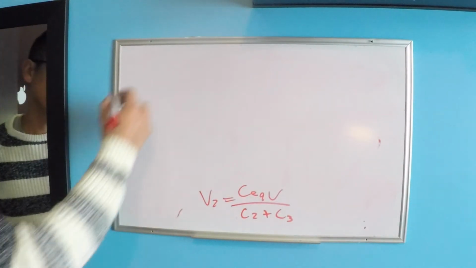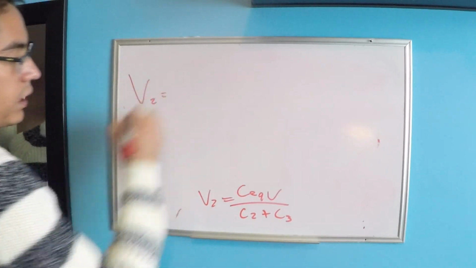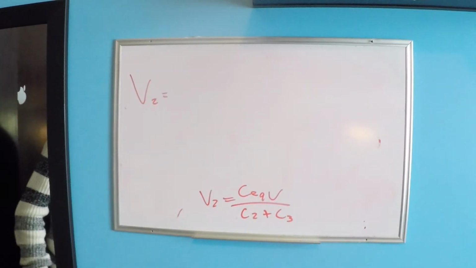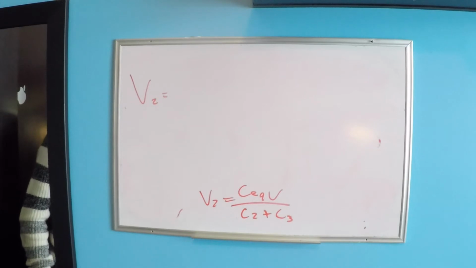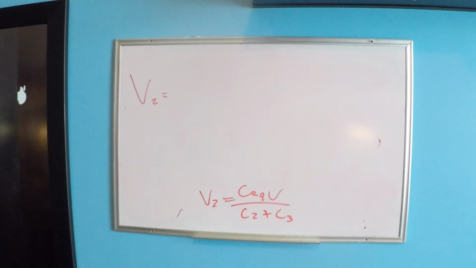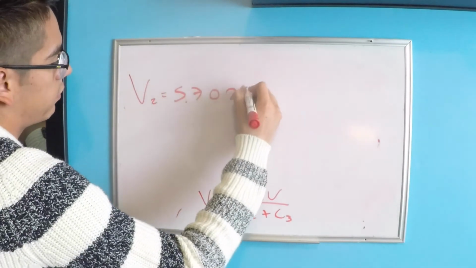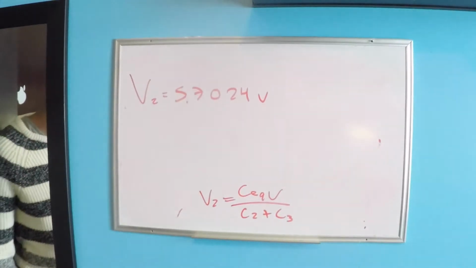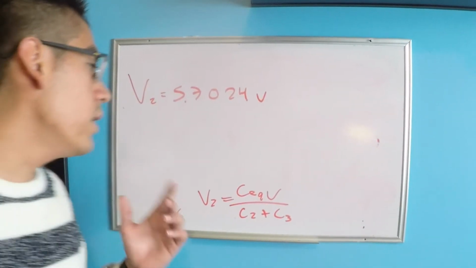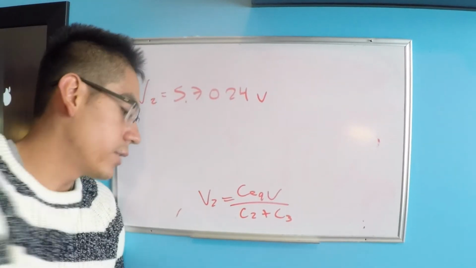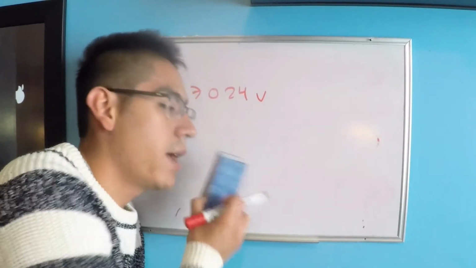Our final result will be that B2 equals 5.7024 volts.